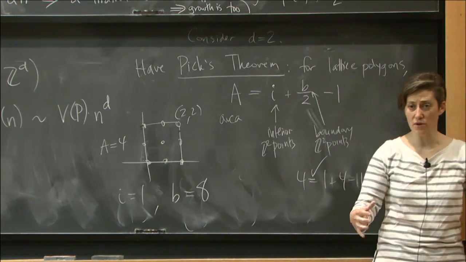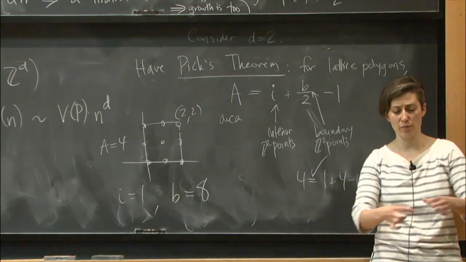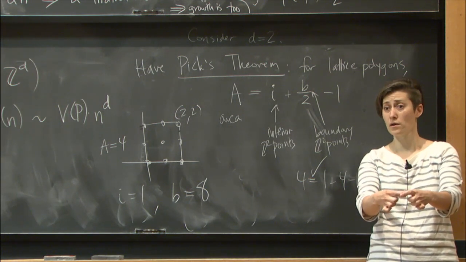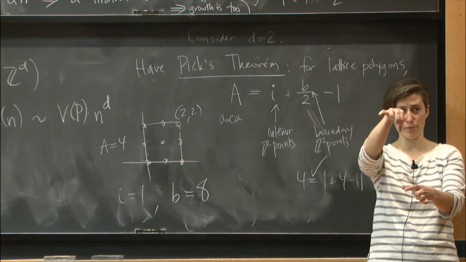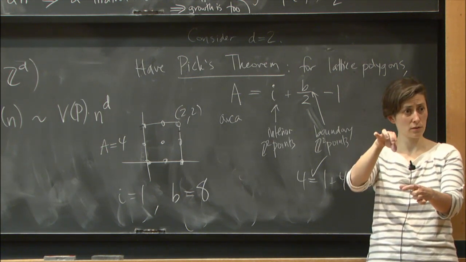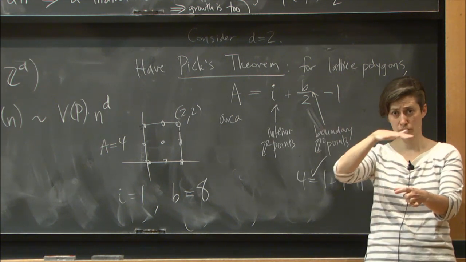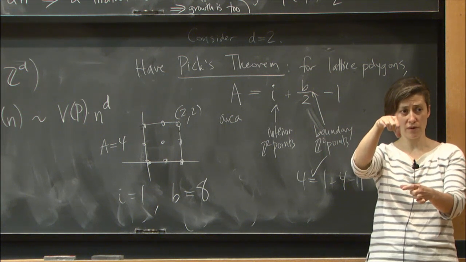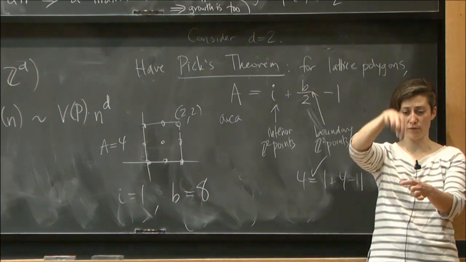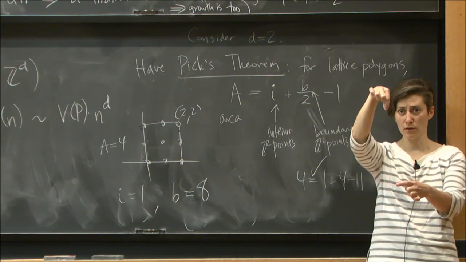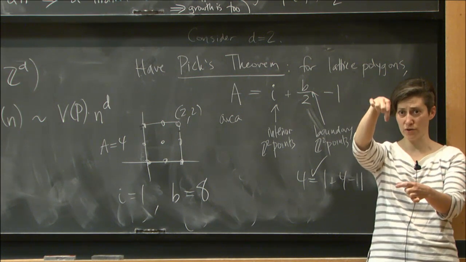So think about R3, and think about in the xy plane, take a square, a lattice square as the base, and then take a pyramid on that base of a certain height. Right? You guys see what I'm doing? Well, if you pick a height that's right above one of the points on the base, then you'll get some lattice points on the boundary.